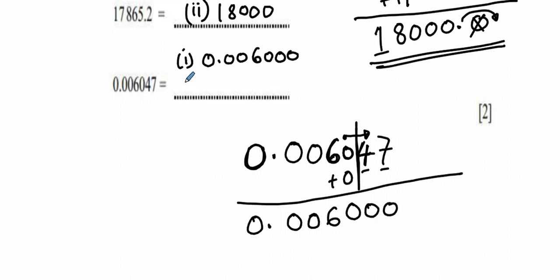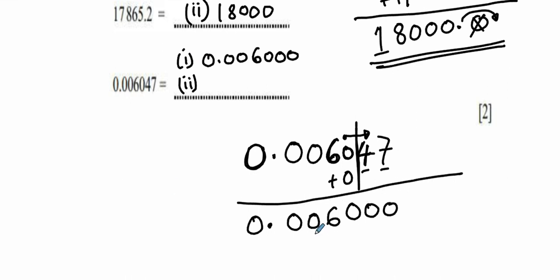Now, to get answer number 2, remember what I said, that the zeros after a decimal point to the right can be cancelled. Now this is where confusion will start arising.